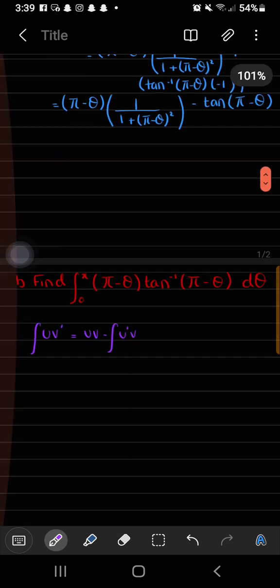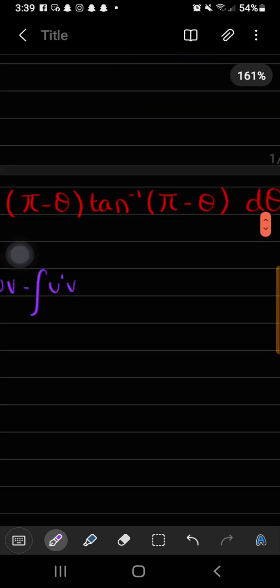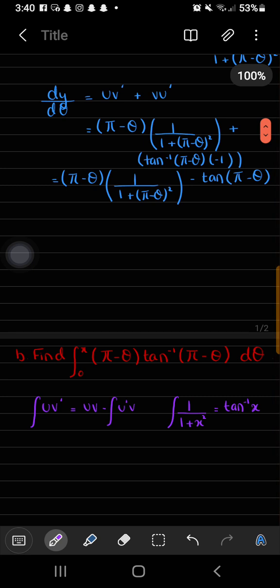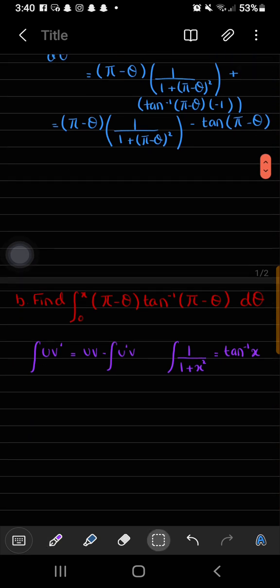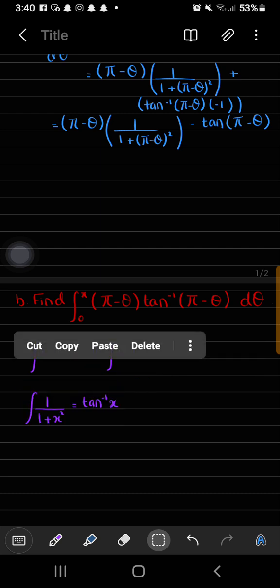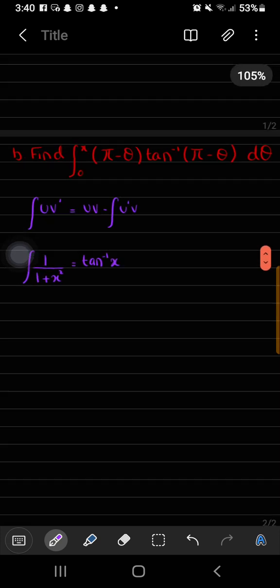Okay, we will apply this, and the second thing we will apply is the integral of 1 upon 1 plus x square is equal to tan inverse x. Okay, so these two things we will apply in this part. So we have to know these two things for this part.